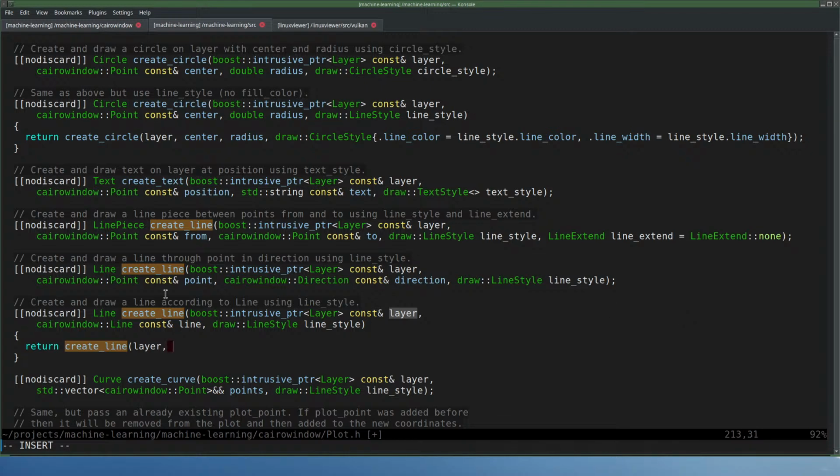And then I can just use that line.point, line.direction, line style. So I just call the other function.